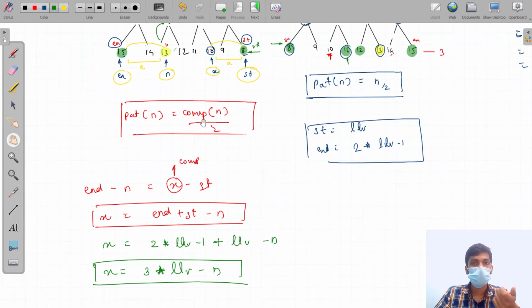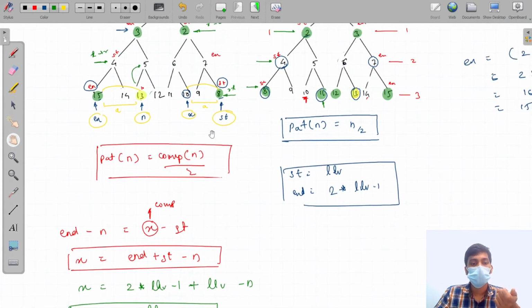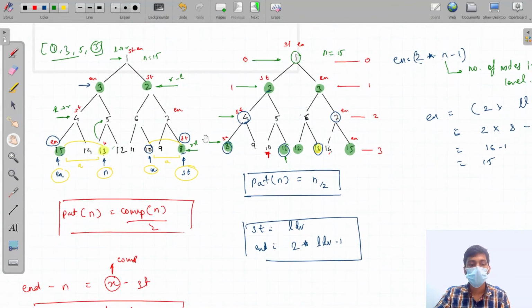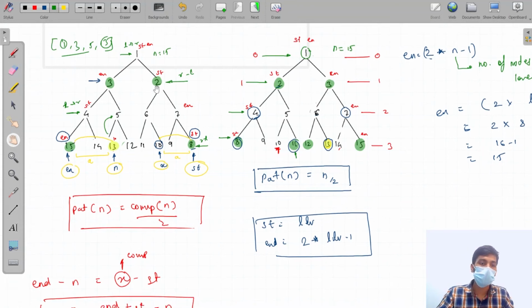So if it is getting a bit confusing to you all, just write down these formulas somewhere and watch the video again and try to correlate how we derived those formulas. And for better understanding, always draw this general tree and this given tree and try to compare these things. Actually, we did nothing but compare these two things and we derived all these formulas.